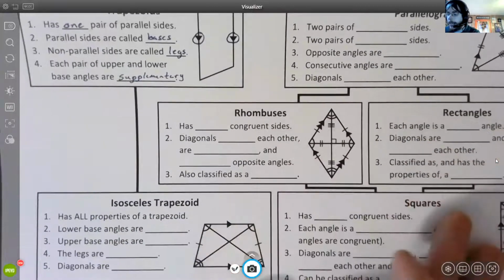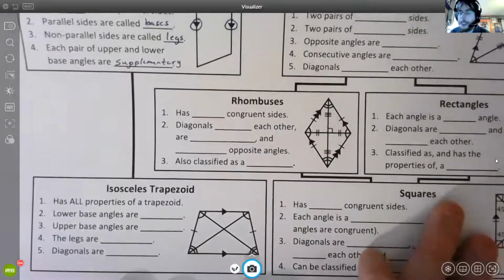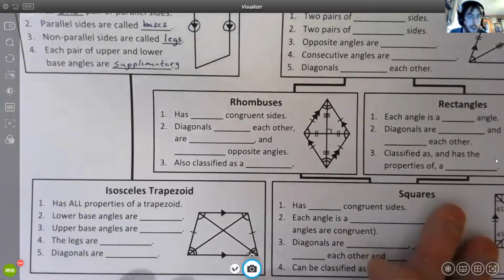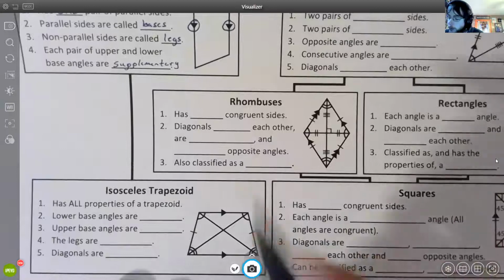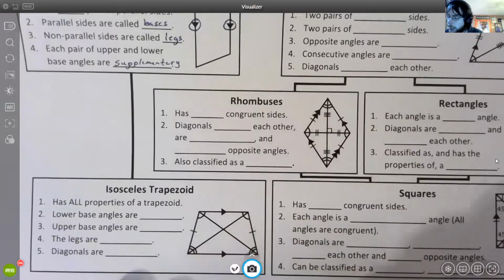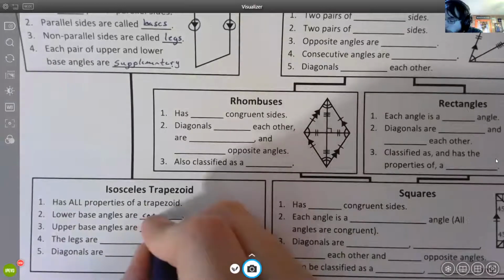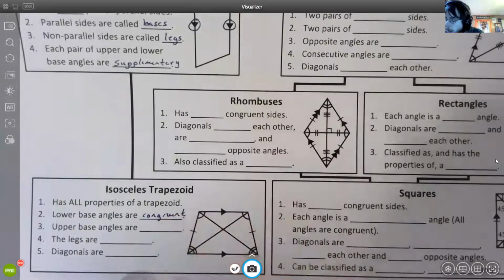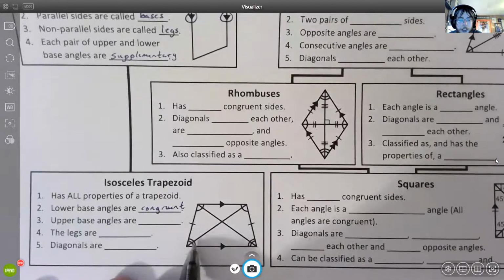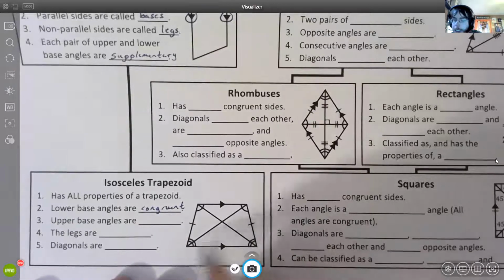But it also has 4 additional properties that we concern ourselves with. And the first property that is unique to the isosceles trapezoid is that the lower base angles are congruent to one another. And as you can see in this diagram over here, we have these 2 angles, the lower base angles, are congruent to one another.